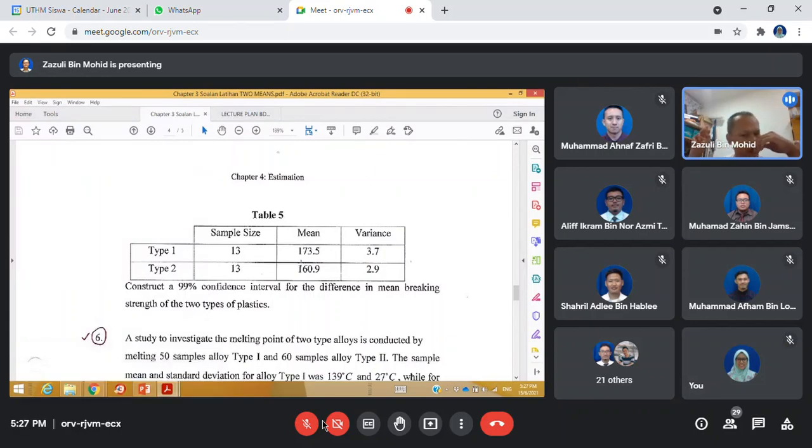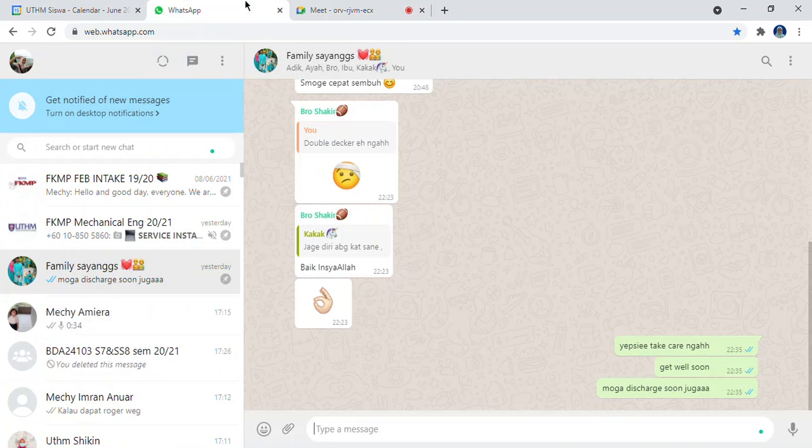Okay, today I focus on chapter 3. In the next class I will discuss chapter 4, which is more on the, what do you call it, data plotting.